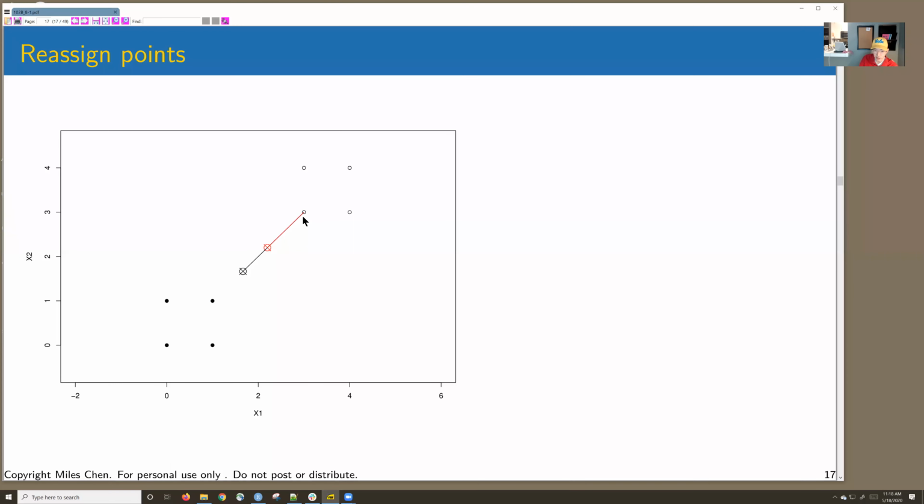Using Euclidean distance, the red centroid is closer. Red is closer. Red is closer. Okay, so these are the assignments that we get after taking each data point and assigning it to the centroid that is closest.